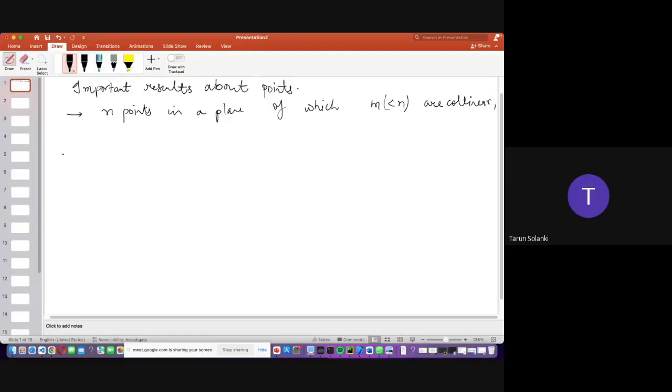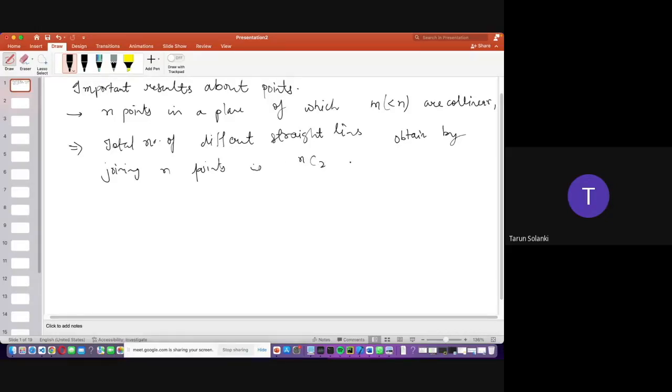Then we can say the total number of different straight lines obtained by joining these points is nC2 minus mC2 plus 1.